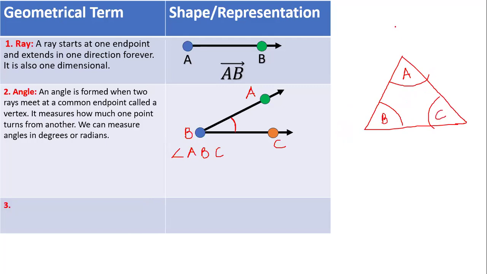So if I want to represent this angle up top, how am I going to represent that? The one on top, A. What am I going to say? Angle what? Angle A. No, we can't start off with A. If you want A specifically, you can't start off with it.